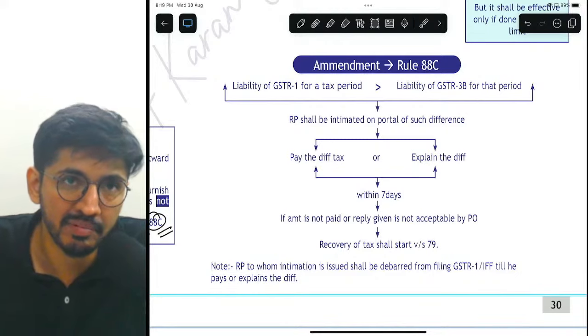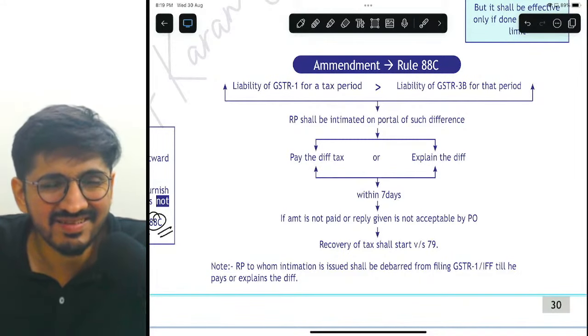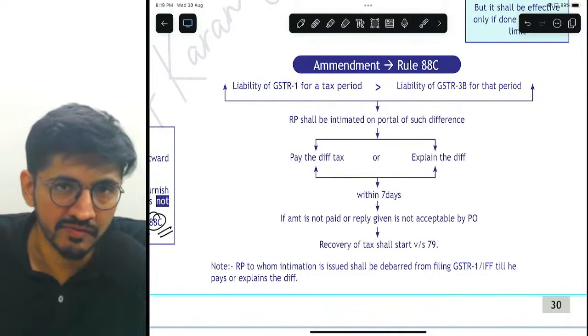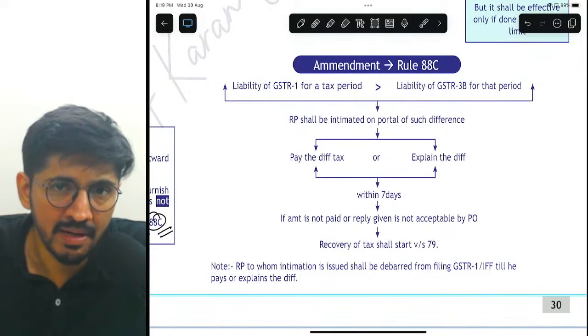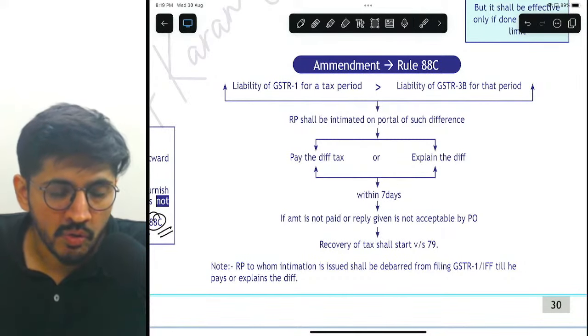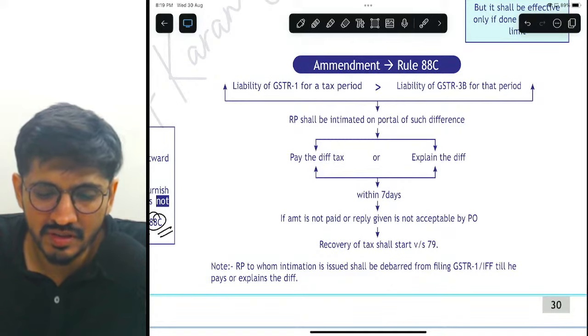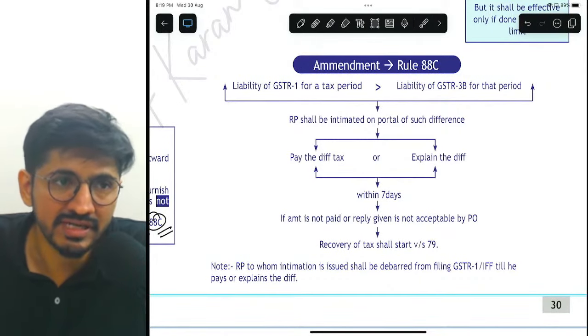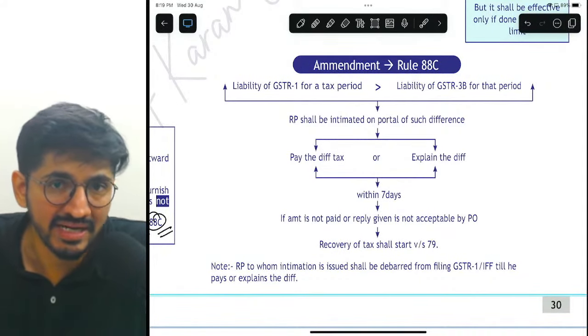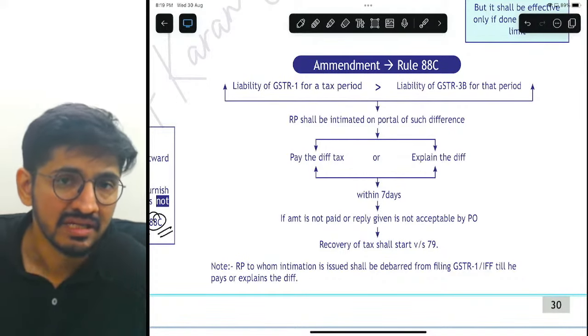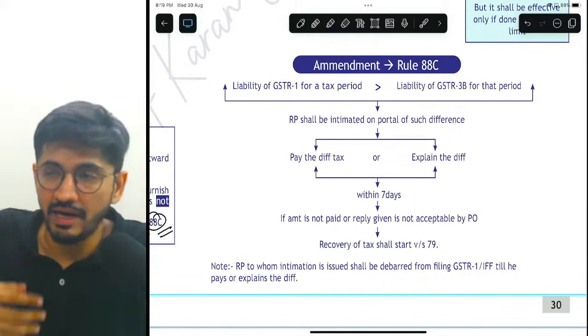Understand, in this case, why does a supplier do this in the first place? That is, he has shown outward supply in 1, but he has not shown the same outward supply in 3B. Why? Because obviously, if he shows it in 3B, he will have to land up paying tax. If he does not land up paying tax, 3B itself will not be filed.